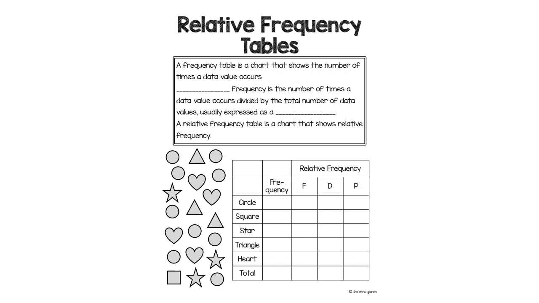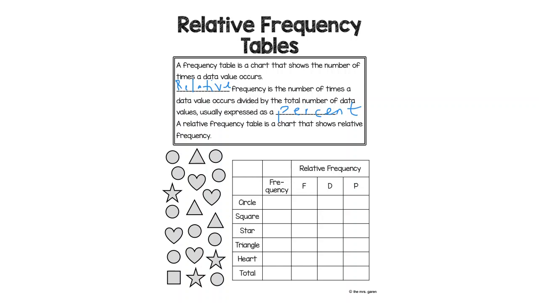The relative frequency is the number of times a data value occurs divided by the total number of data values, and it's usually expressed as a percent. A relative frequency table is a chart that shows the relative frequency.